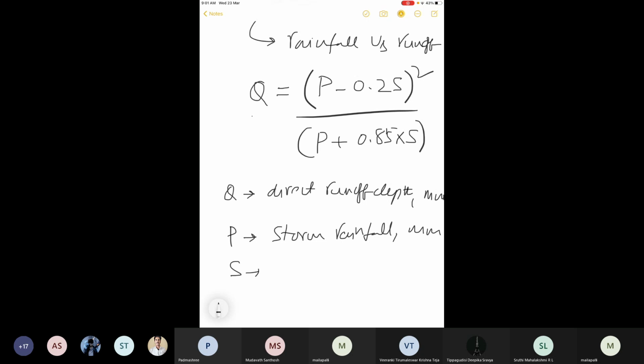And S is the maximum potential difference between rainfall and runoff, also in mm, starting at the time that the storm begins.